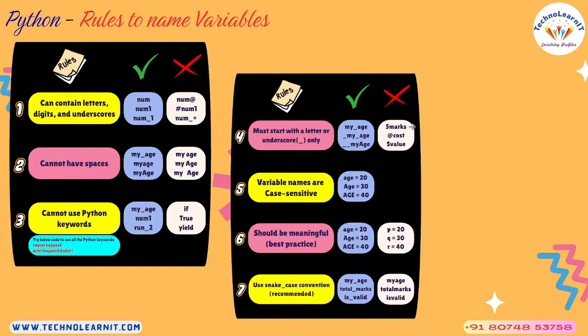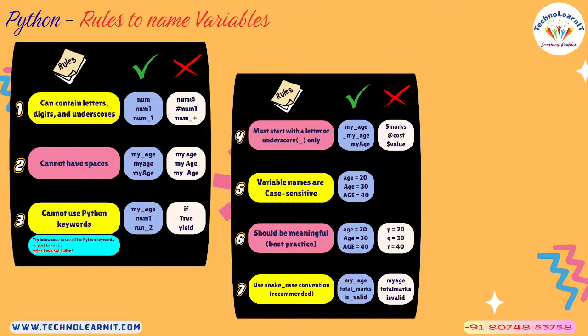5marks. Why is this not a valid variable name? Because it starts with a digit. @rate_cost is not a valid variable name. $value: dollar is a special symbol that cannot be used in a variable name, and that too at the beginning of the variable name.